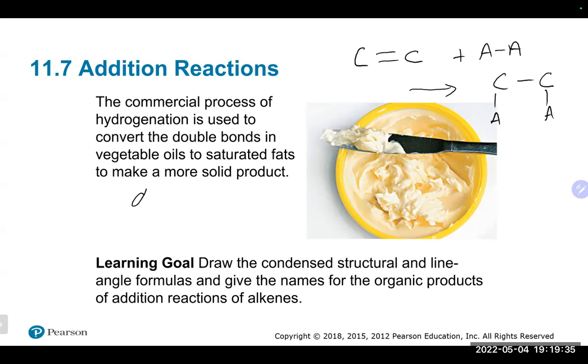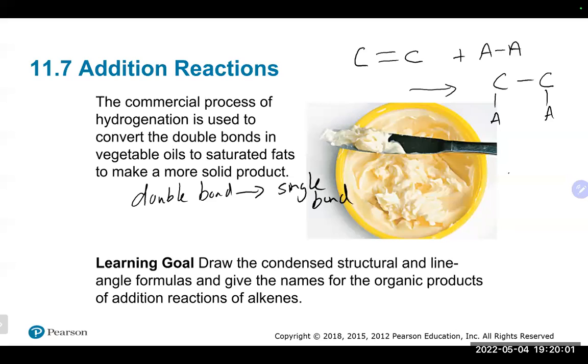Again, absolutely nothing else changes outside of making that into a single bond. There's nothing that leaves and makes on the side. It's all just added in.